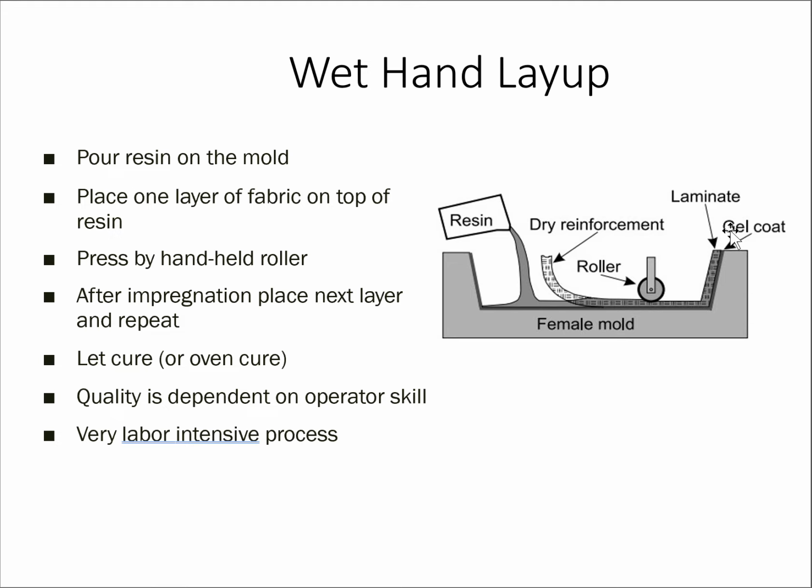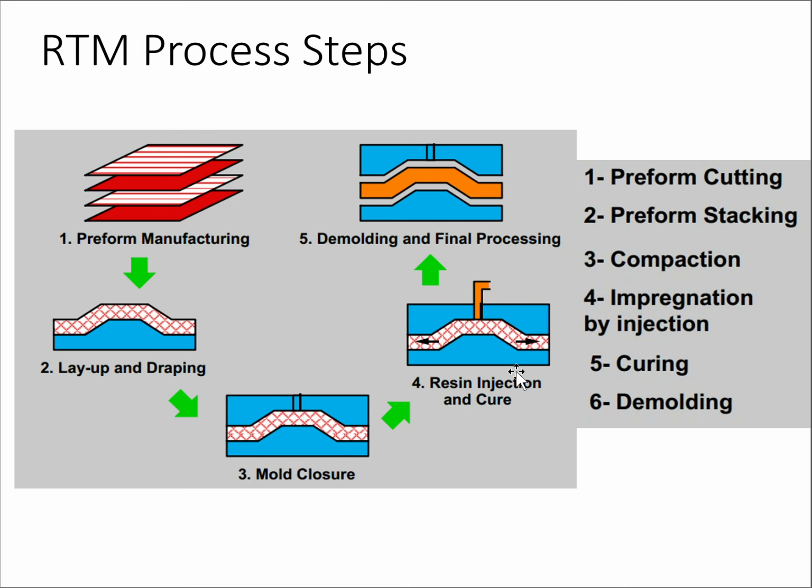You have a mold, you add your fiber on top of it, you make sure that the fiber takes the structure of the mold, and then you start adding your resin. You just have to let it cure. It will take some time to cure depending on your resin, depending on the hardener you're using for your resin, and it is a labor intensive process. You have to make sure the resin is spread uniformly.